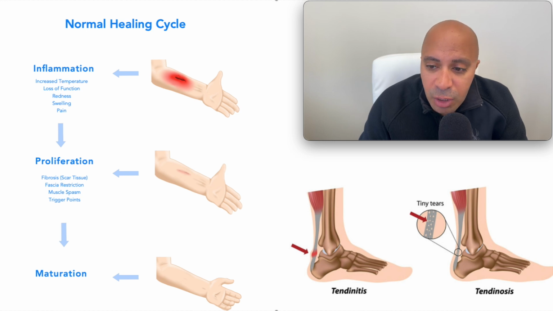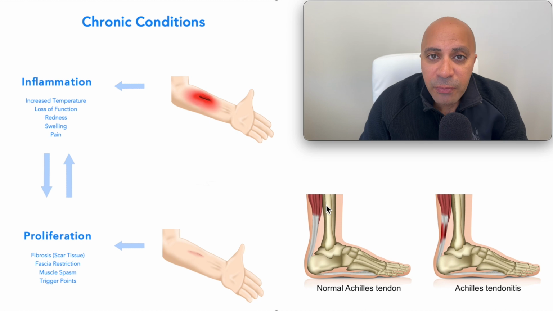For a chronic condition, which means that you have had this issue for over 3 weeks and nothing has relieved it, you're probably using ineffective treatment, or you have a chronic condition in combination with ineffective treatment, so your body goes back and forth between the inflammation and proliferation stage, and it's hard to break that vicious cycle.